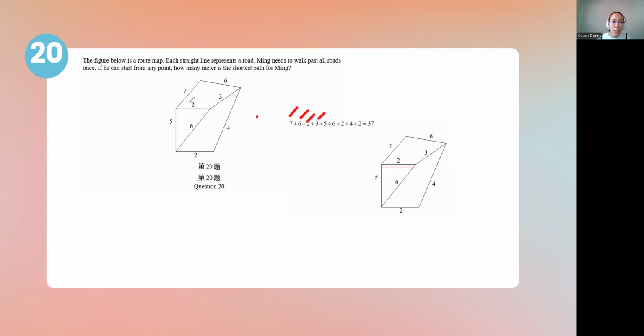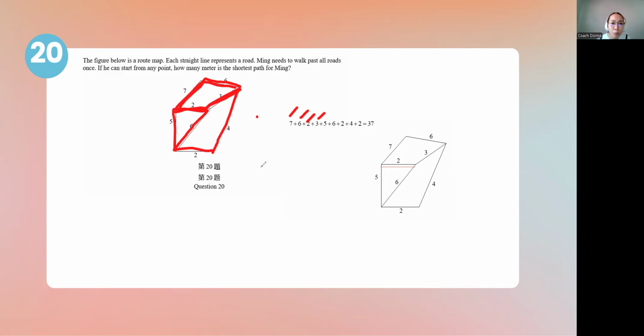So we'll have the 7, the 6. If we have the 6, the 5, 7, 6, the 3, the 2, or the 6, 7, 2, 3, the 4, the 2, the 6, the 2, and the 5. Yeah, that's how we do it. That's the most efficient way.